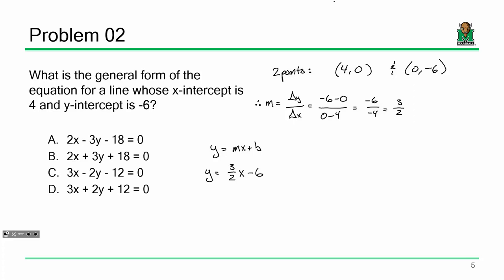So what are they doing with all these choices? They're taking all the values and getting them onto one side, and they're getting rid of their fractions, right? So would it be a fair statement to multiply this entire equation by 2 to get rid of that fraction? And if I did that, wouldn't I get 2y equals 3x minus 12? Would that be a fair statement?